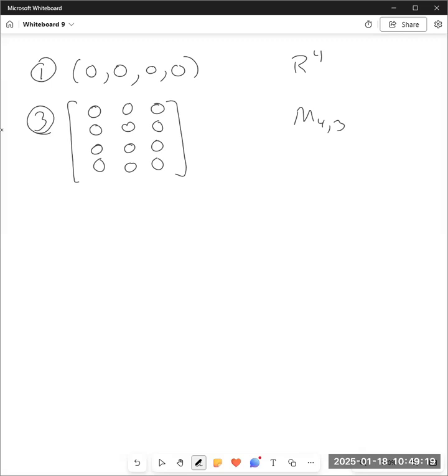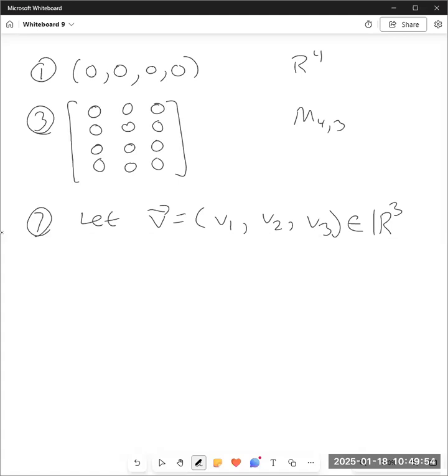Let's move on to number 7, which asks us to describe the additive inverse for a generic vector that's in R3. So let's let the vector v, which is equal to (v1, v2, v3), be an element of R3.